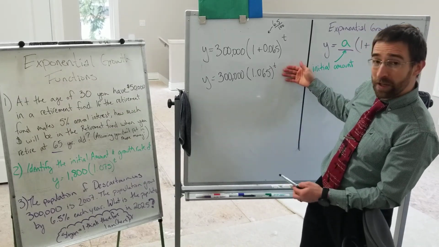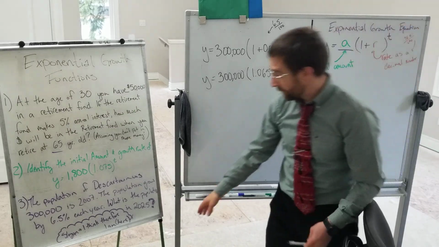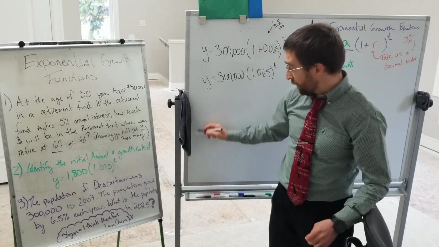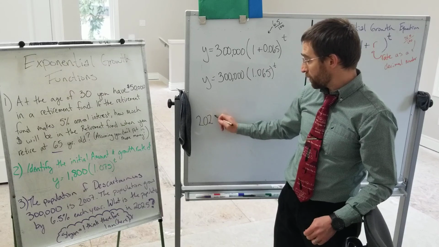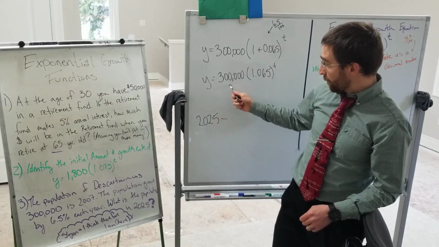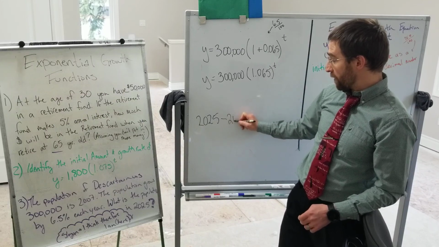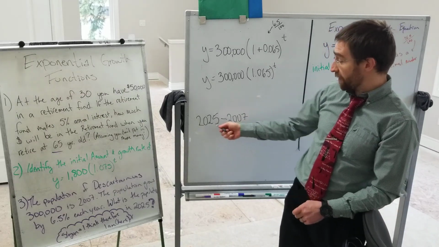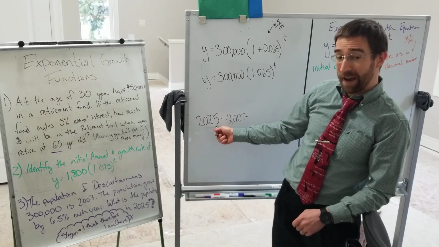So that's my equation, but the question's asking, what's the population going to be in 2025? So I say, all right, 2025 is the year that I want. This number came from 2007. So how long from 2007 to 2025?